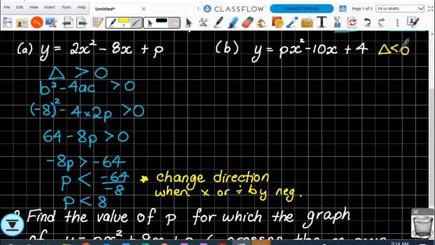I'm not going to say, find the value of P for when the discriminant is less than 0. How else could I ask it? No distinct real roots. Ooh, could I say no distinct real roots? Oh, yeah, okay, I would.